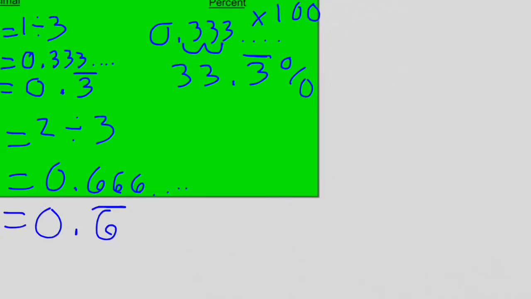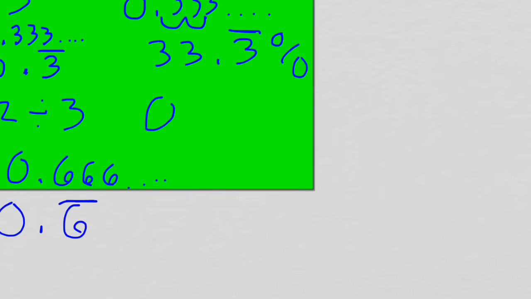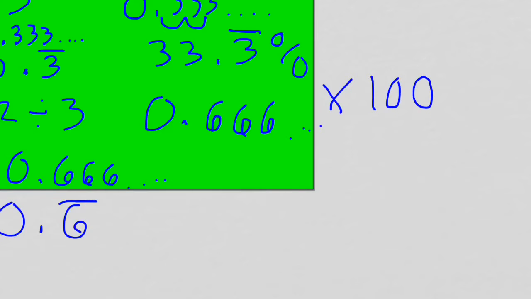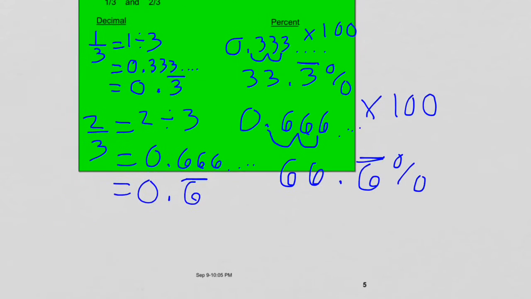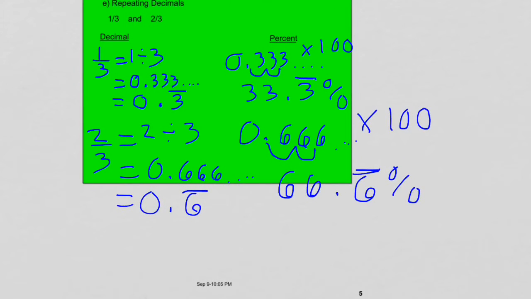If you had 0.6 repeating, you would multiply that by 100. The decimal would shift 2 spots to the right, and you have 66.6 repeating percent. Those two, 1/3 and 2/3, I want you to remember and memorize those ones. Okay?